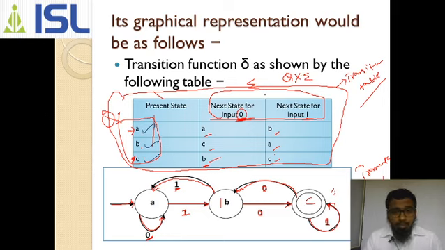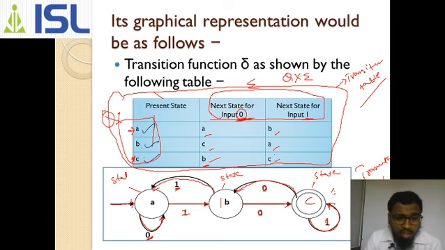First you need to write the states. This is a state, and this is a state, and this is a state. This is the initial state, because the empty arc is given to this state.